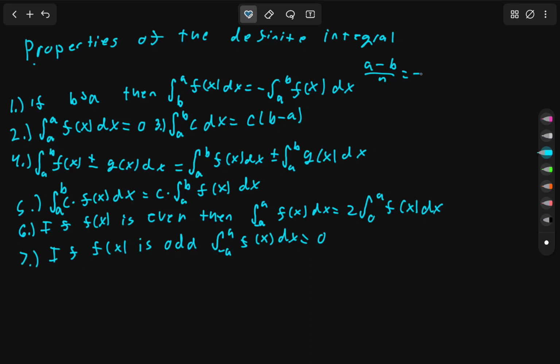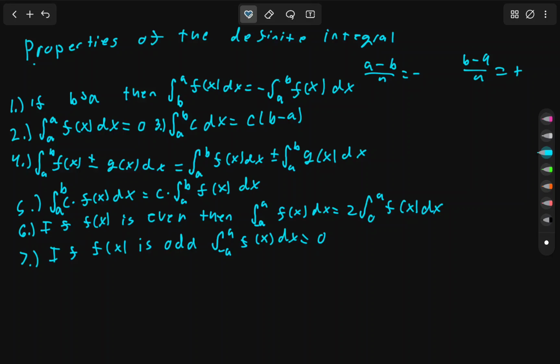This expression is negative because b is greater than a. However, it's going to have the same value as b minus a divided by n, but this is going to be positive. So we can swap the bounds of integration and make the integral negative, so our dx is positive.